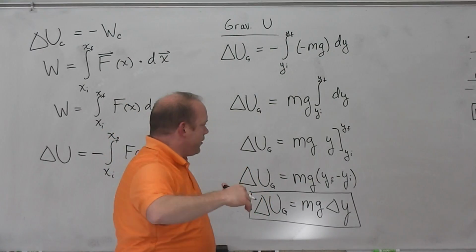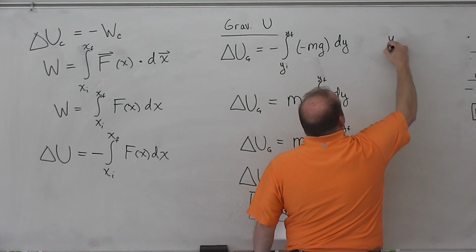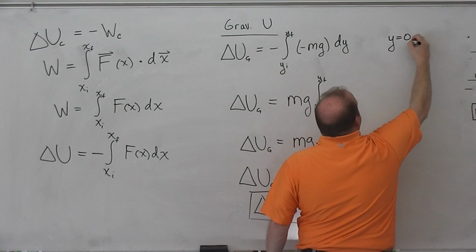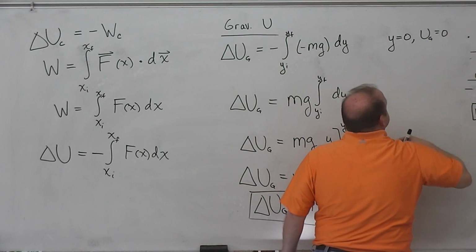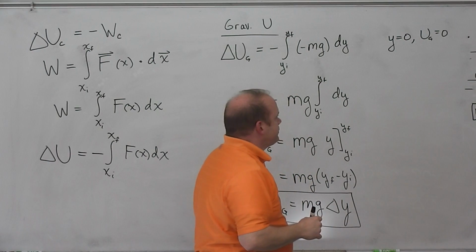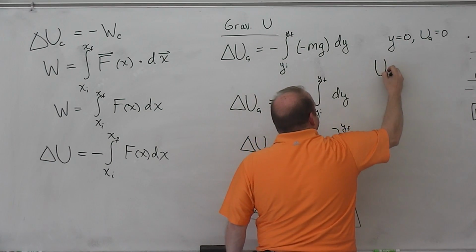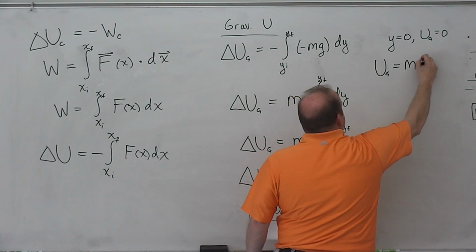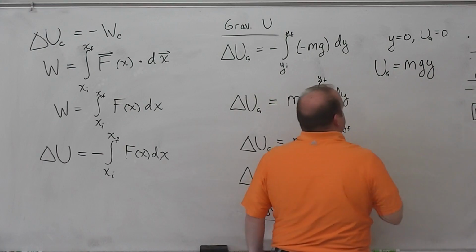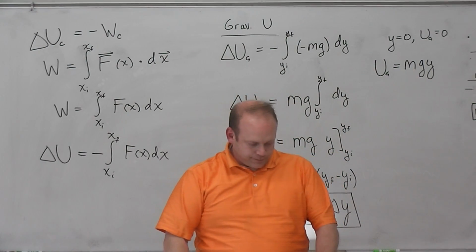What we're going to do here is set gravitational potential energy equal to 0 at y equals 0. So therefore, gravitational potential energy in general would be mgy, at any particular location.